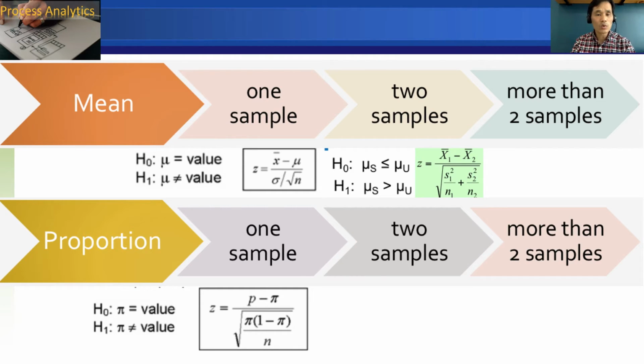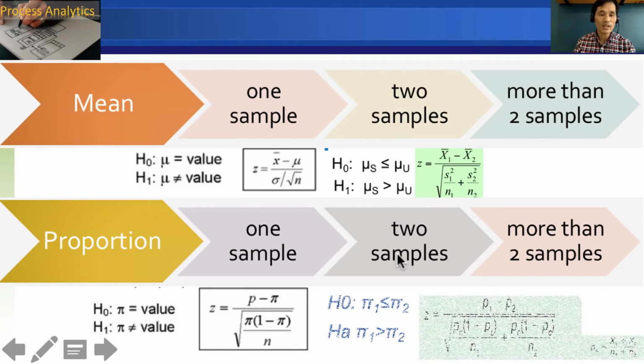That's z equals x1 bar, sample 1 mean, minus x2 bar, sample mean 2, right? And divided by the standard deviation, taking the sample size into consideration. So square root of s1 square over n1 plus s2 square over n2 will be the formula for the mean test, two sample mean test.